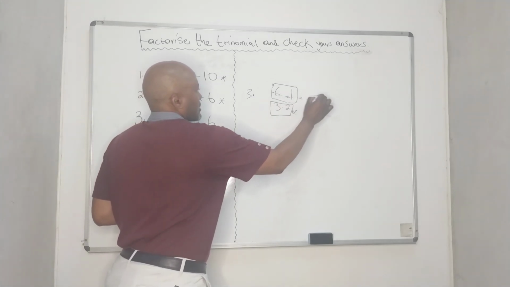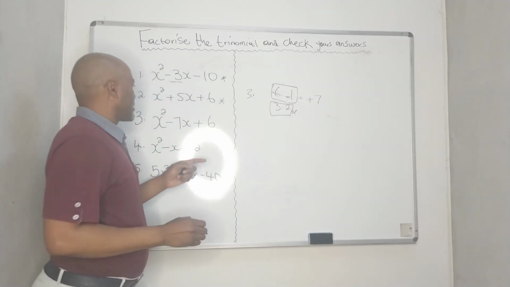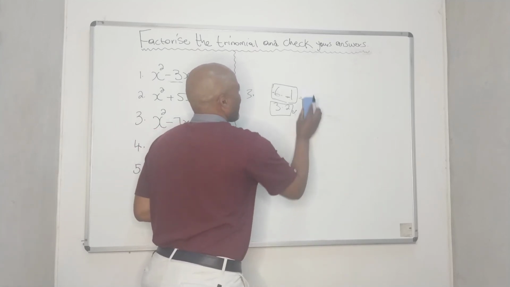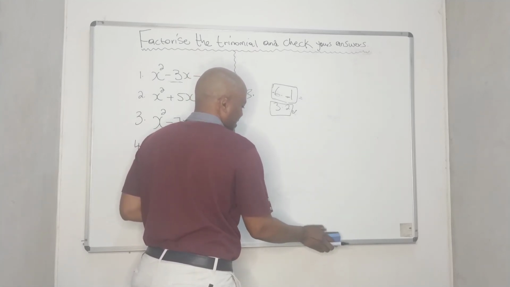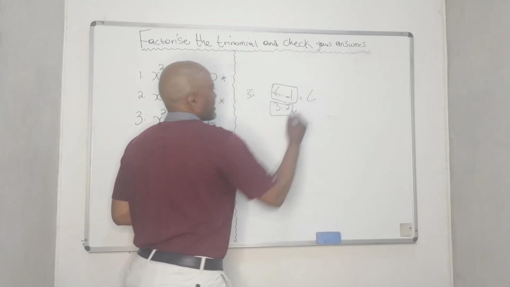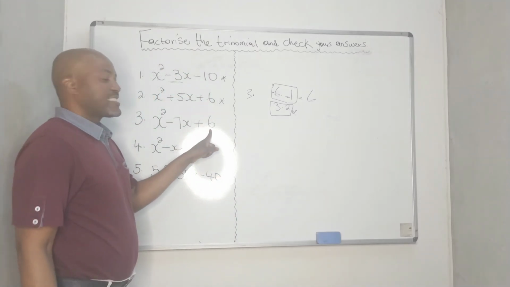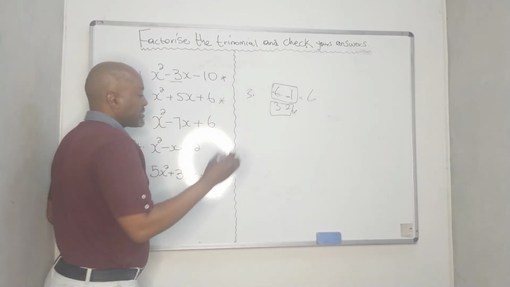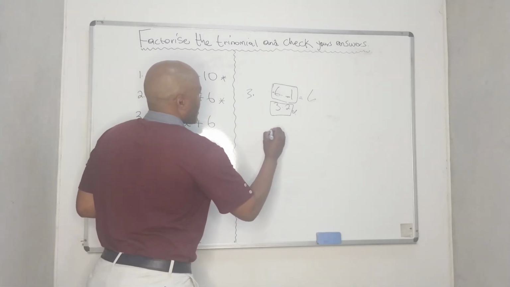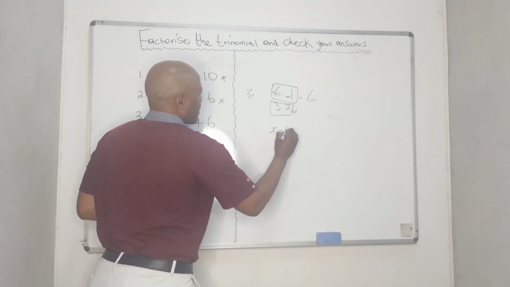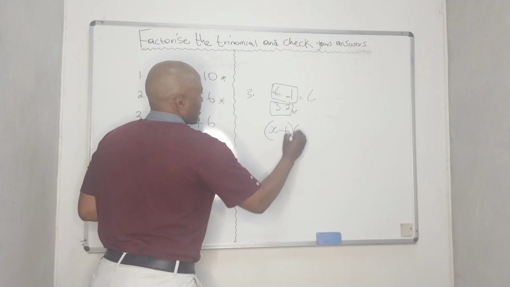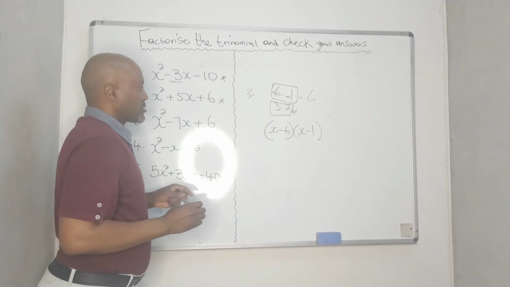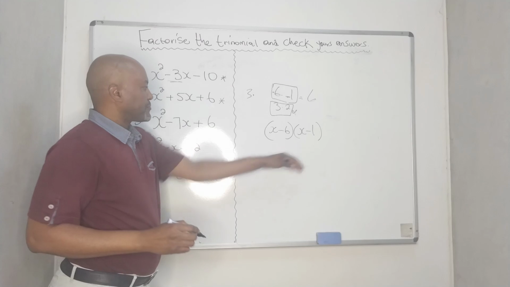Then 6 by 1 is 6, which is that 6. So those terms there are correct. So it means our factors are x minus 6, x minus 1.